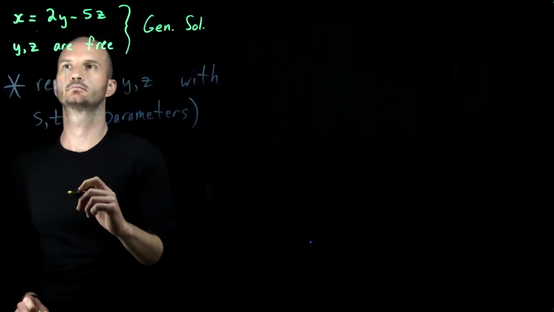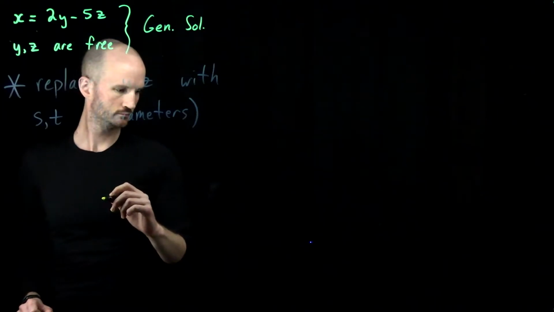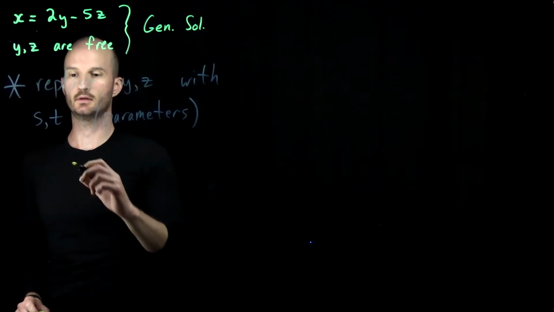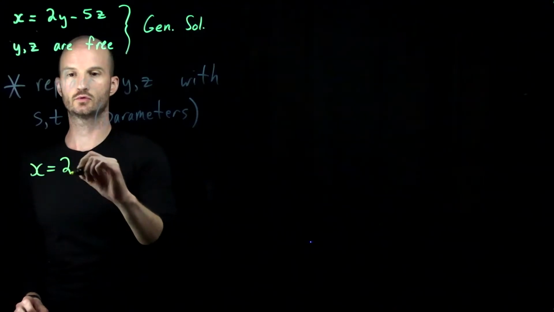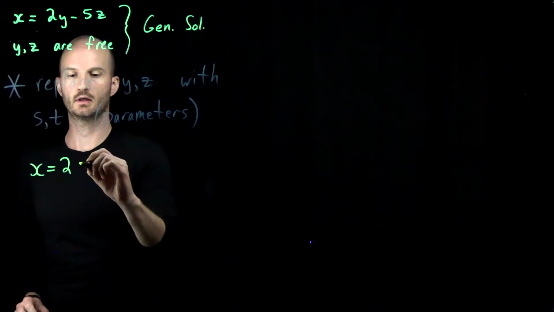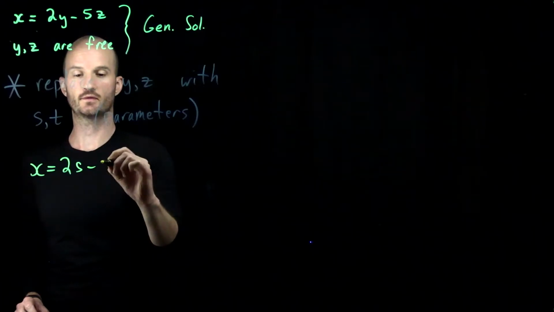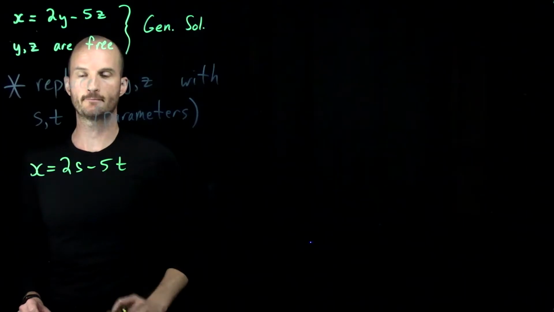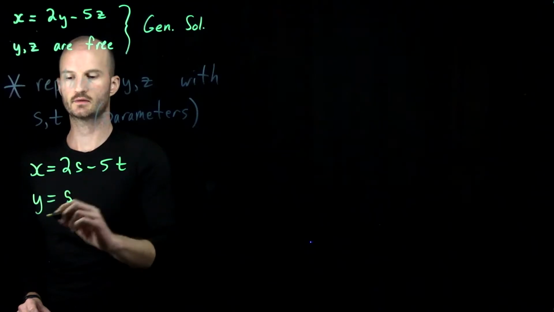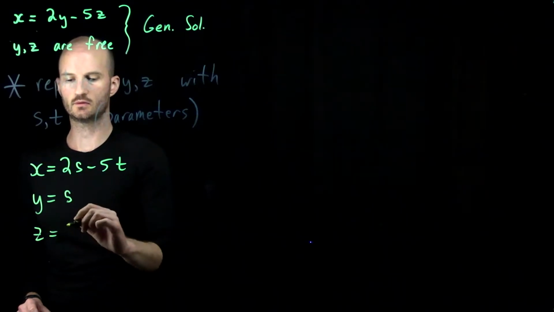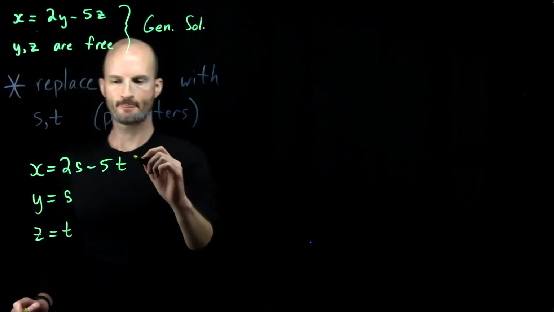So what do we get? We get x is equal to 2s minus 5t. Y is equal to s. Z is equal to t.